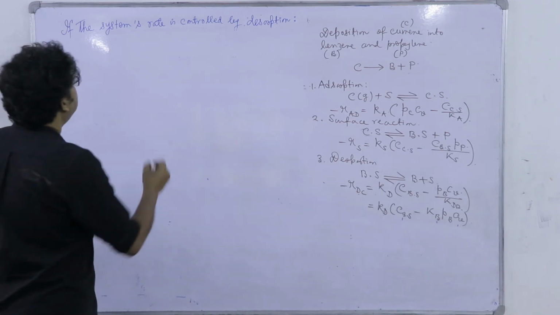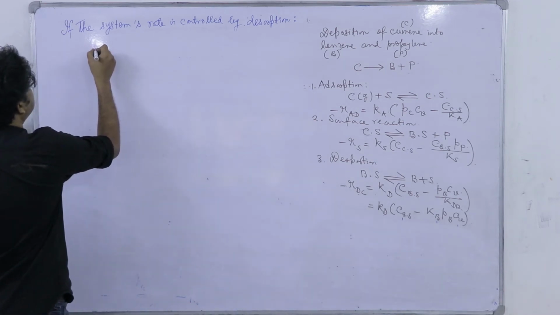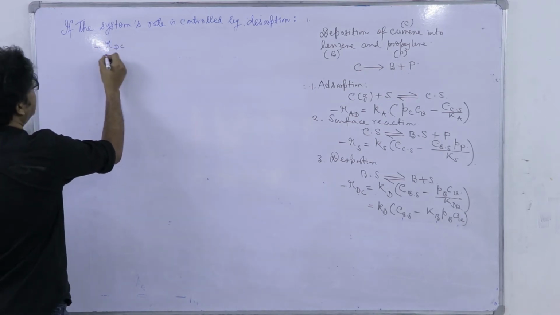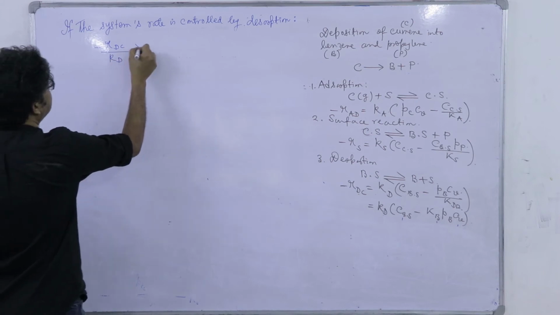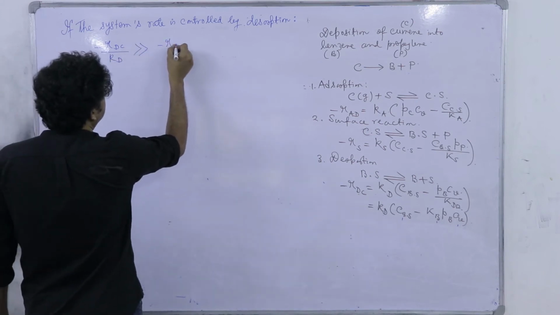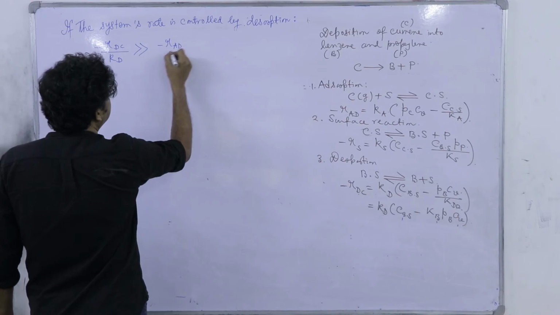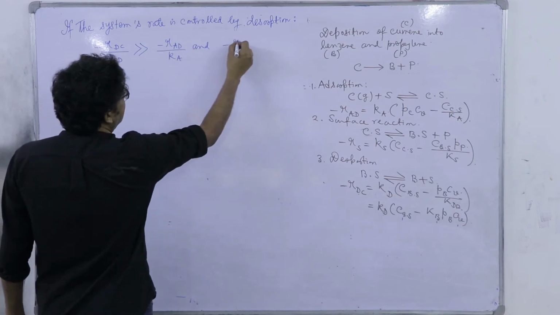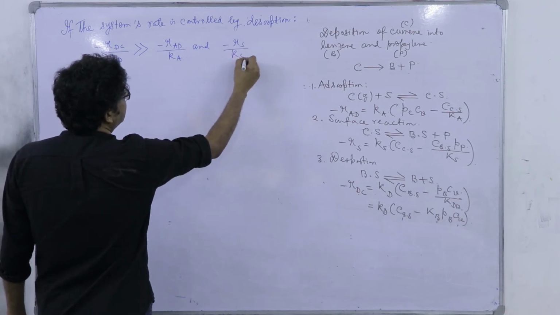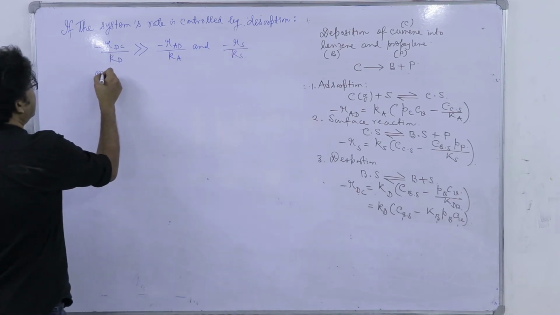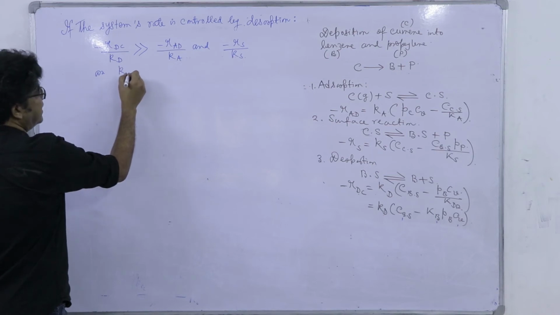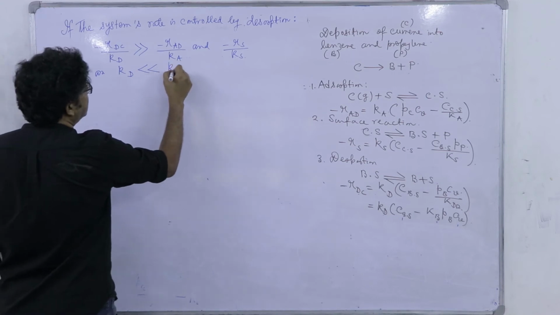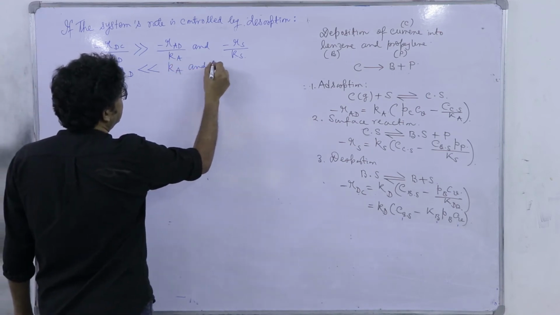Here, minus of R_dc by Kd is much larger than minus of R_ad by Ka and minus of Rs by Ks, right, as we have Kd much smaller than Ka and Ks.